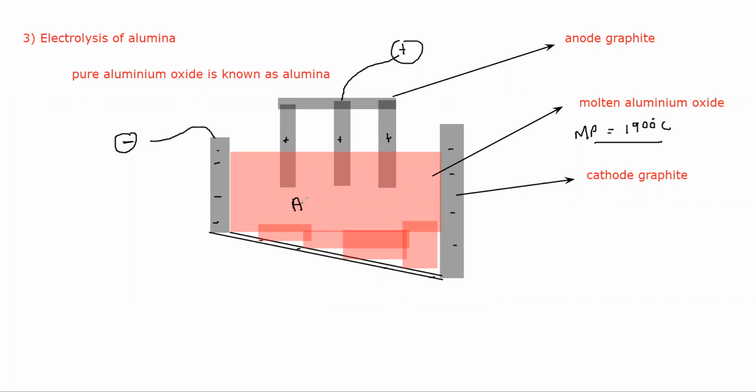When it melts, it contains aluminium ions and oxygen ions. Aluminium ion, where is it attracted, towards the anode or cathode?